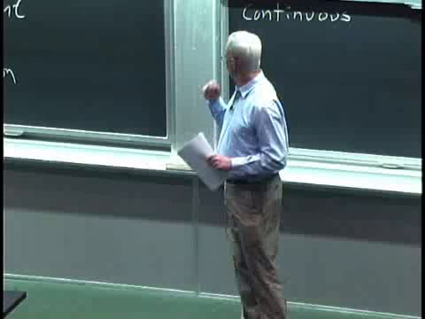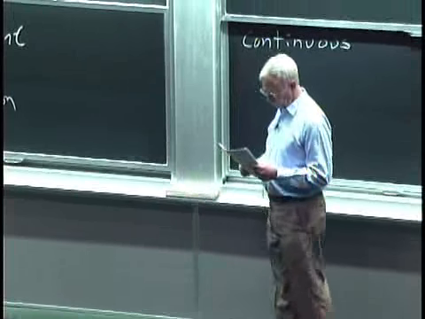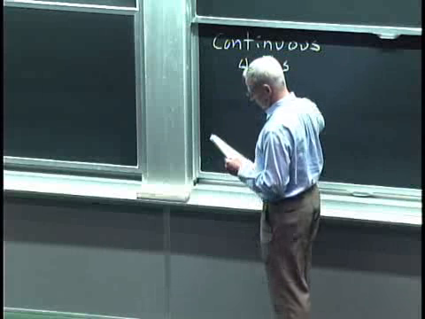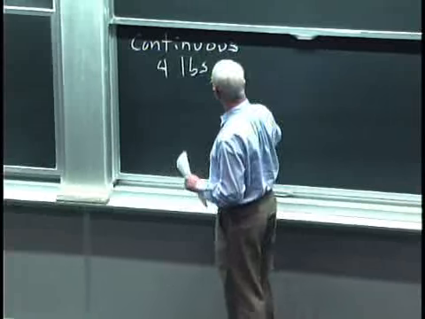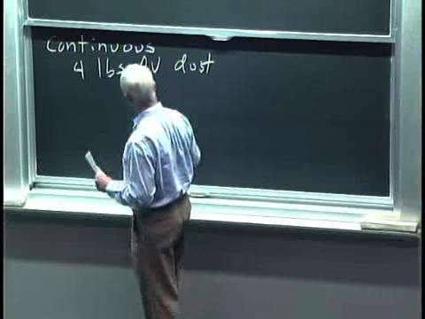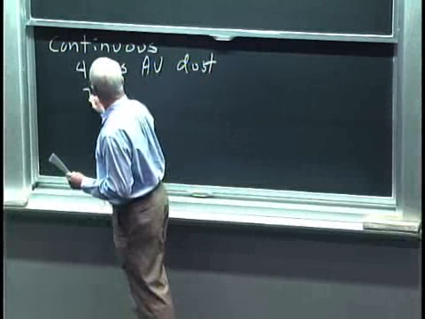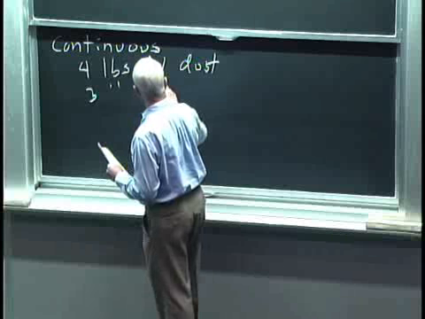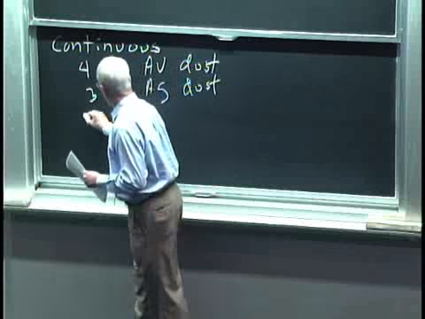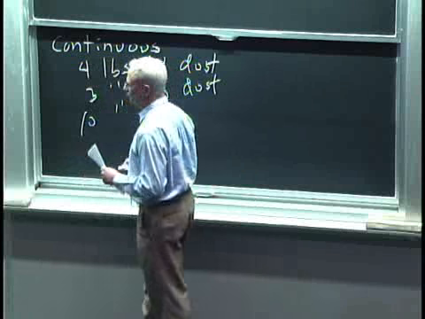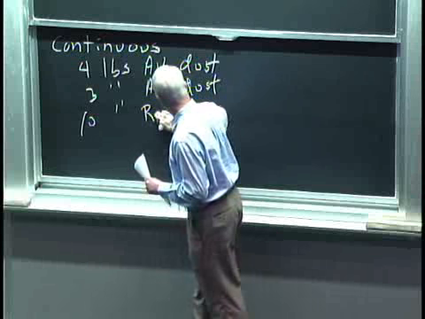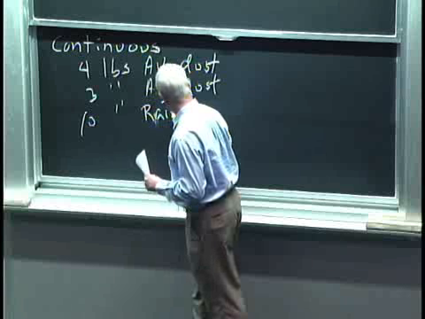Well, let's assume in the continuous world, what you do is you walk into the house and you see something like 4 pounds of gold dust. And you see 3 pounds of silver dust. And maybe 10 pounds of raisins. And I don't actually know the periodic table entry for raisins, so I'll have to write it out.